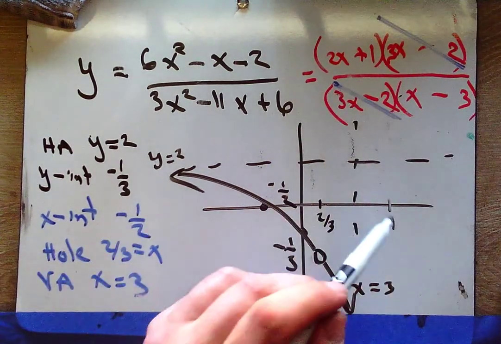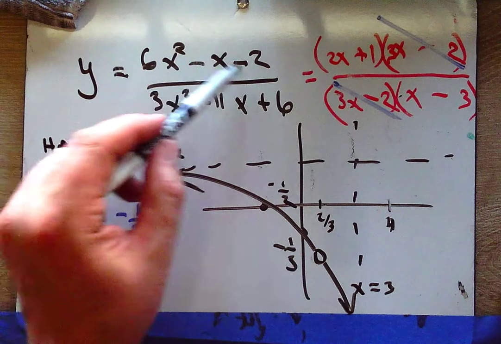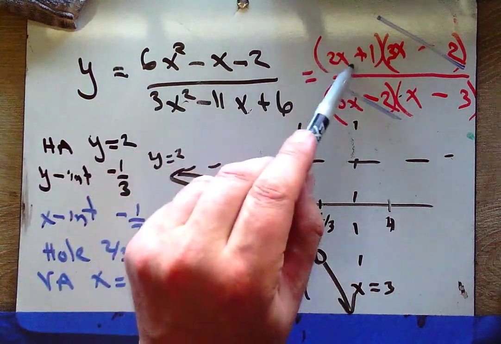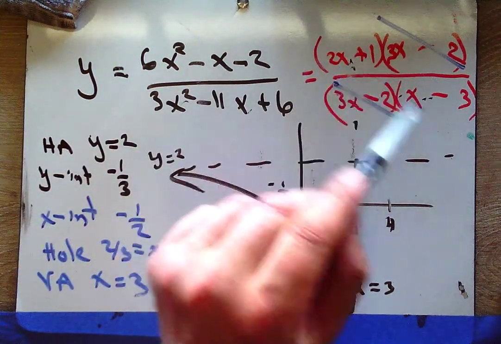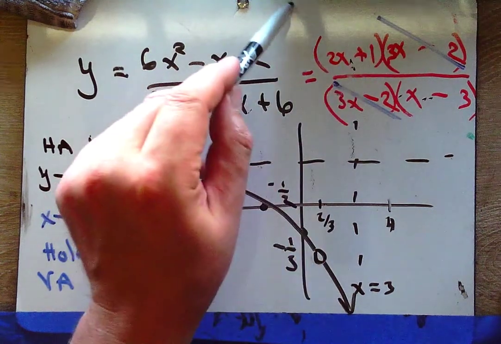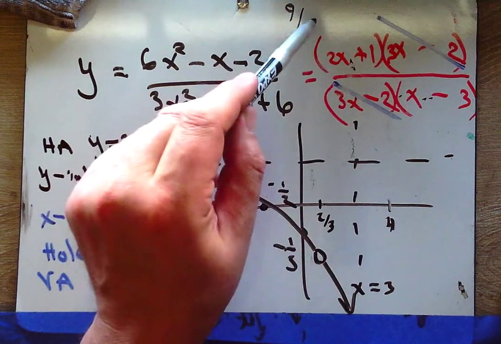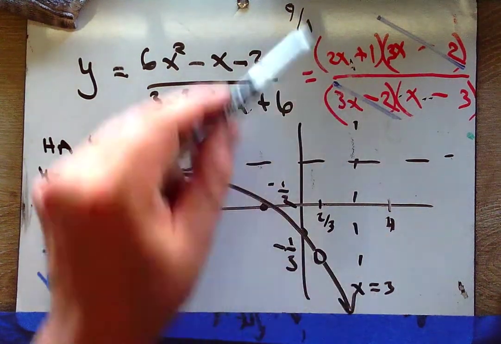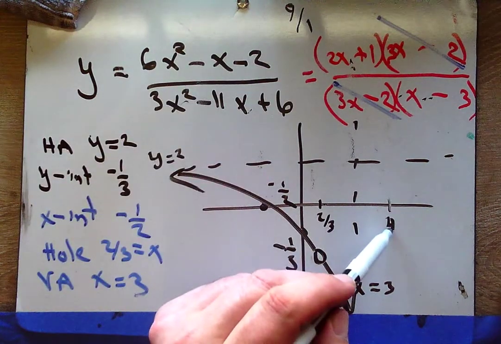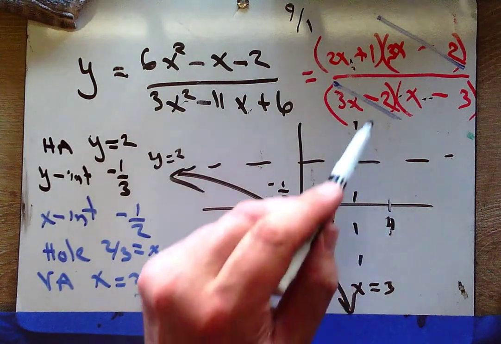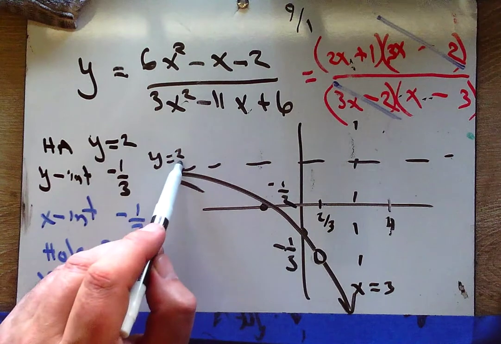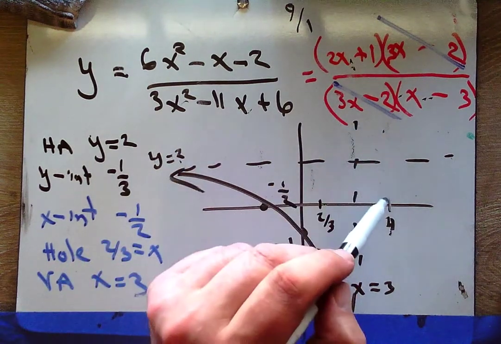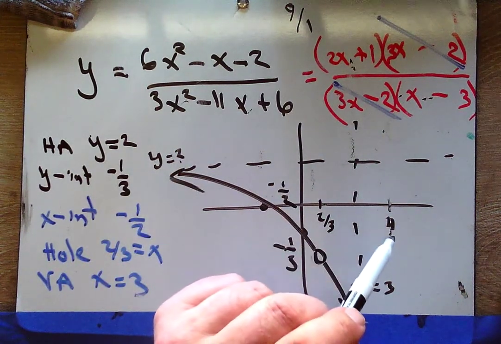So when I plug in that 4, and you can plug the 4 into all these x's, I'd rather plug the 4 into this simplified thing. So I'm going to have 9 on top, and 4 minus 3 is 1 on the bottom. So I get 9 for the y value at 4. Is that above the horizontal asymptote y equals 2, or below the horizontal asymptote?